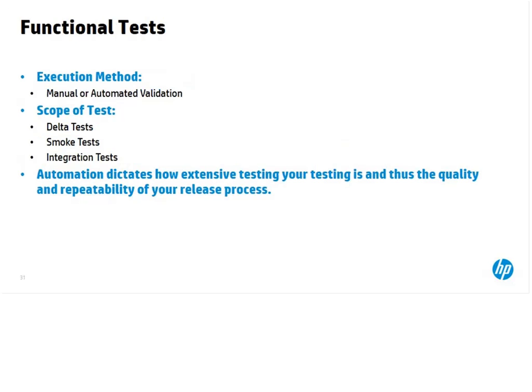to have a solid understanding of your options. So in terms of functional tests, I've seen two different execution methods: either manual tests, meaning someone logs into CRM and executes certain tests to make sure that the functionality is working as expected, or you can have automated validation. So some form of either a coded UI test as available in Visual Studio, or another type of testing tool.